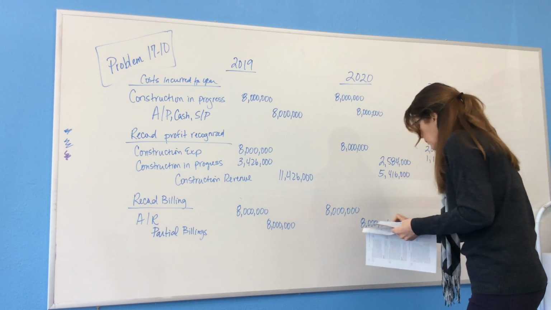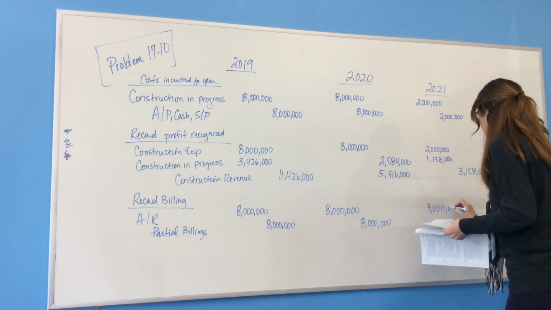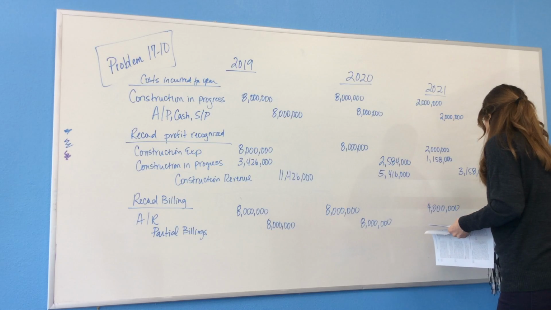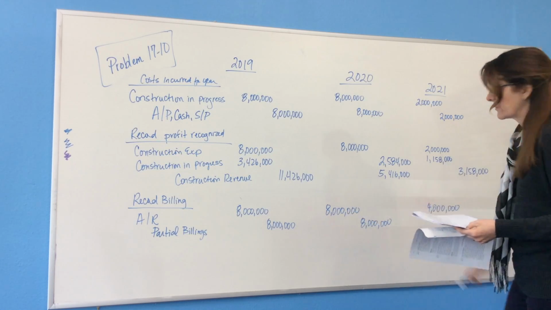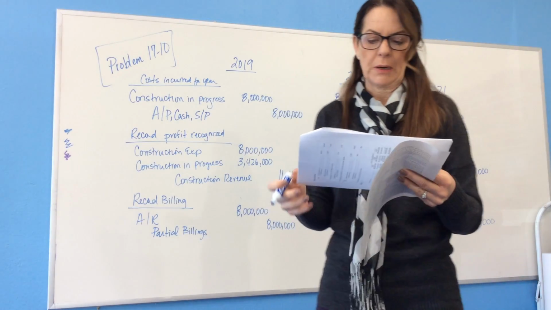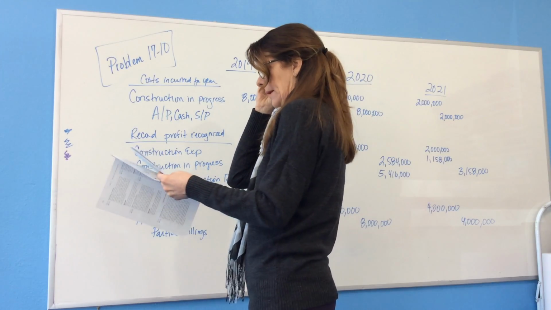But in 2021, my billings are $4 million. And that's how we're getting the $20 million total. 8 plus 8 plus 4 is the $20 million contract price. All right, last thing. No, not the last thing.